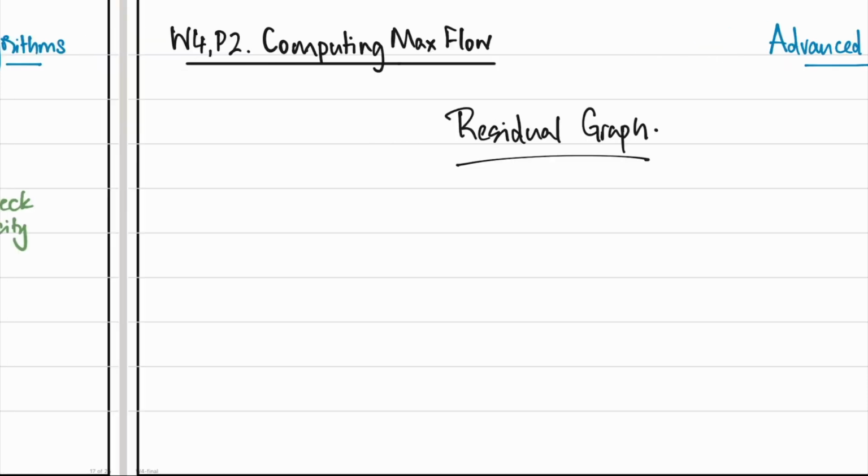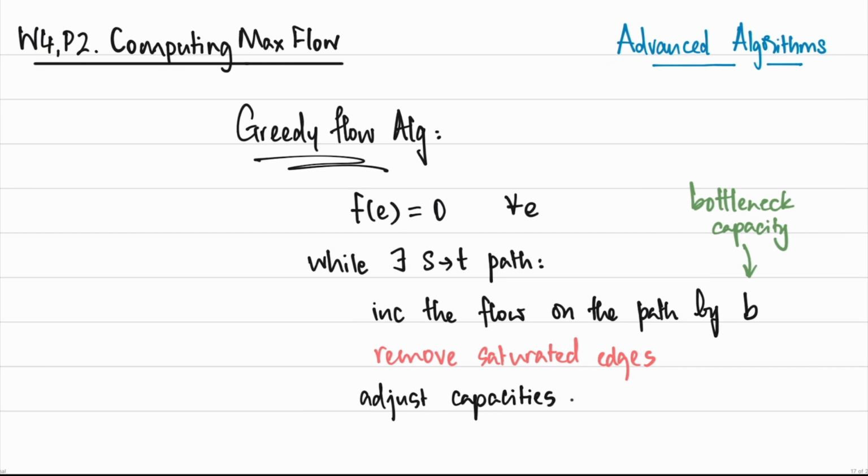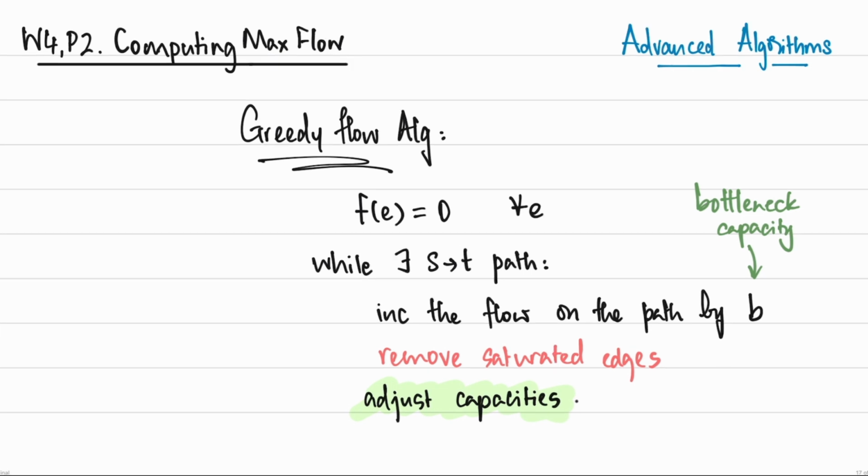But you might say, well, we did have residual capacities before. We adjusted the capacities by reducing them by the current flow. That is indeed true, but the residual graph is actually more than just these adjustments. Like I said, the residual graph is a way of giving ourselves the power to undo flow that we have sent in a previous step.